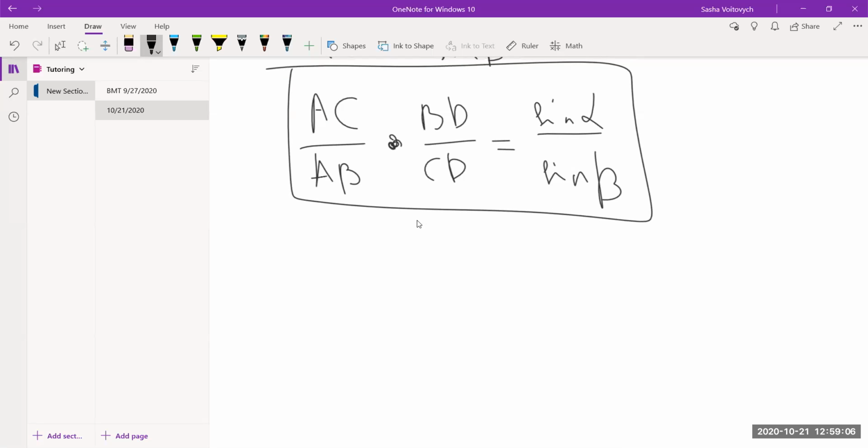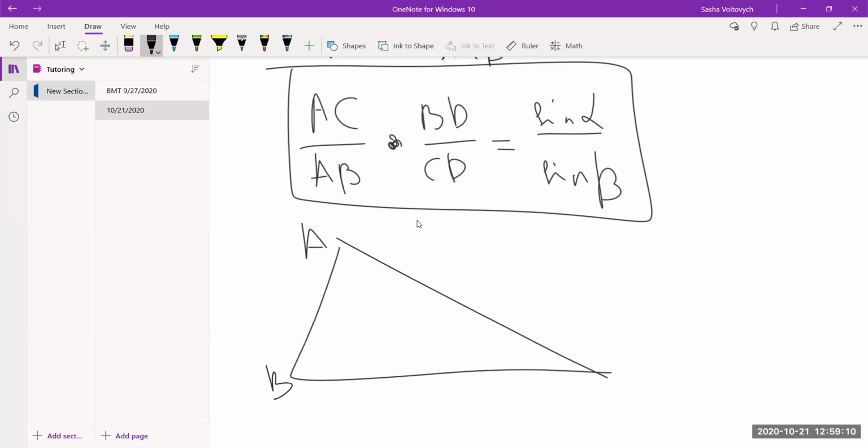Because we know that in triangle ABC, A0, B0, and C0 are feet of bisectors. So we know a lot of ratios on this picture.